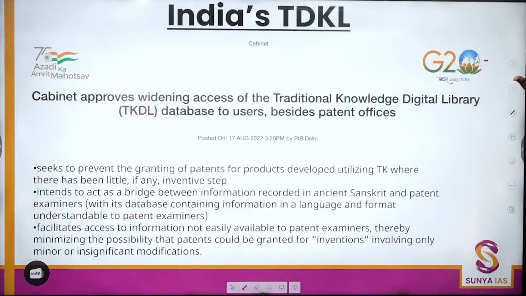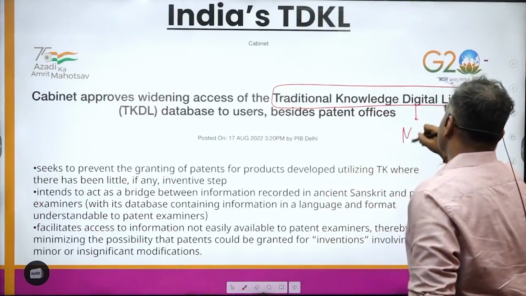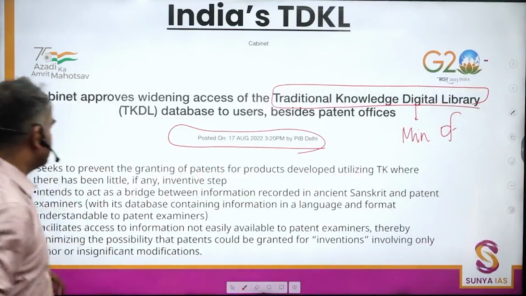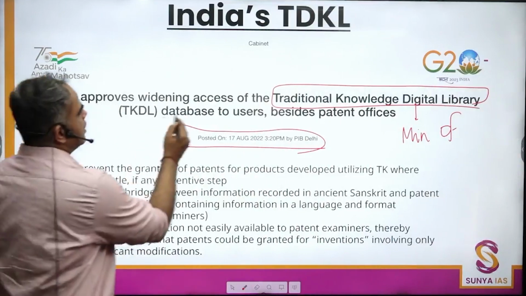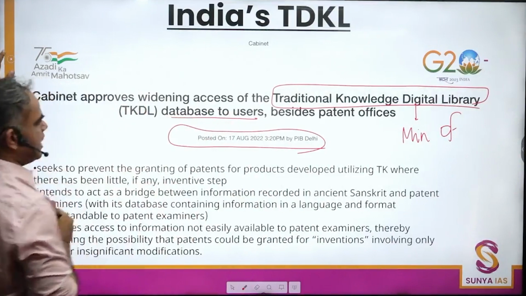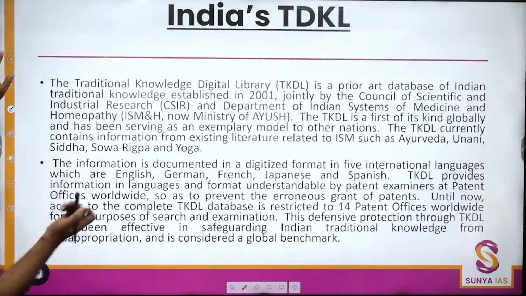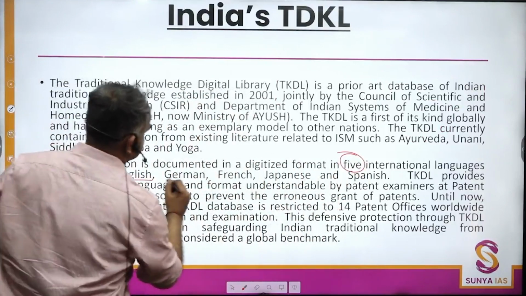Just write down one line: India's TKDL. Those of you who have not written, just write down this. And Ministry of Ayush. What has happened of late is widening the access. First of all, it is also available in multiple languages now. It is documented in 5 international languages.